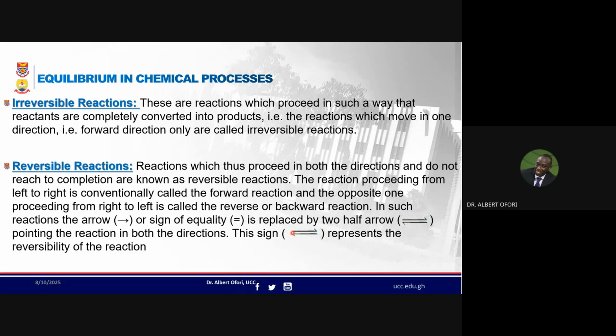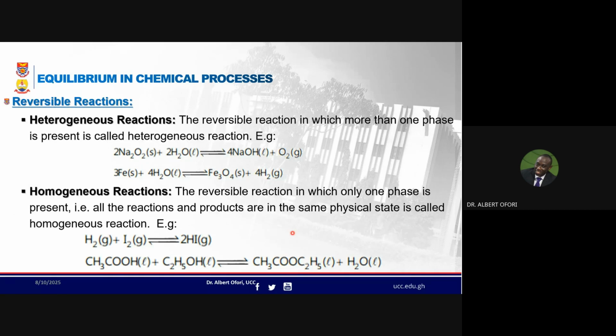So note that. Now, in a reversible reaction, the reaction can happen between species of the same kind, not the same type of molecule, but in terms of phases. And of course, in every reaction, the phase of the reaction is very important.